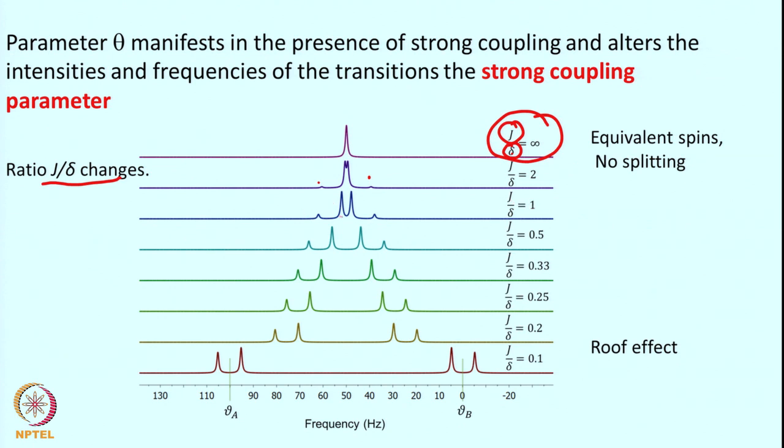The 2 central transition peaks are very intense compared to the 2 outer ones. As we start decreasing this ratio, from 0.5 to 0.33 to 0.25 to 0.1, we see the separation changing, and here are the 2 central peaks.